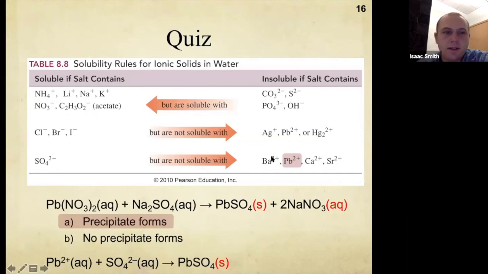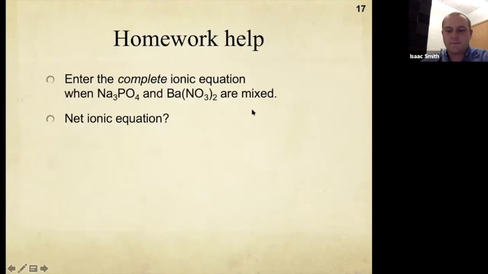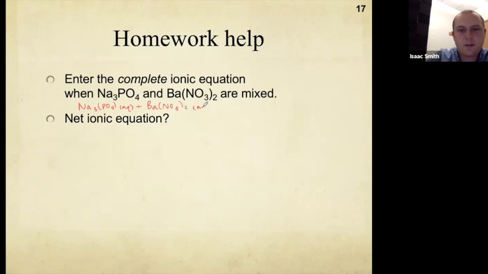Phosphate is on here as insoluble unless it contains any of these positive ions, and barium phosphate would not fit this criteria. So barium phosphate is insoluble. I'm going to write out this equation. We said that sodium phosphate is soluble, and barium nitrate is also soluble.